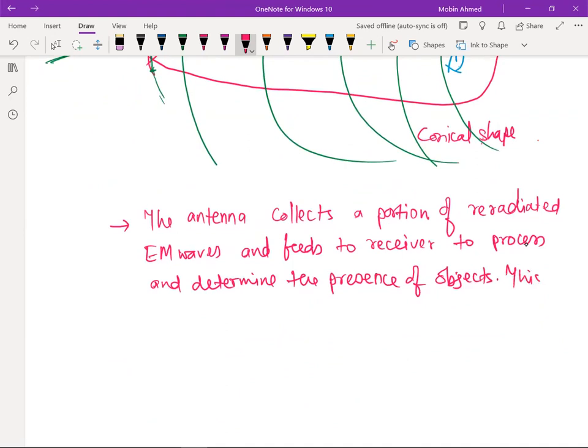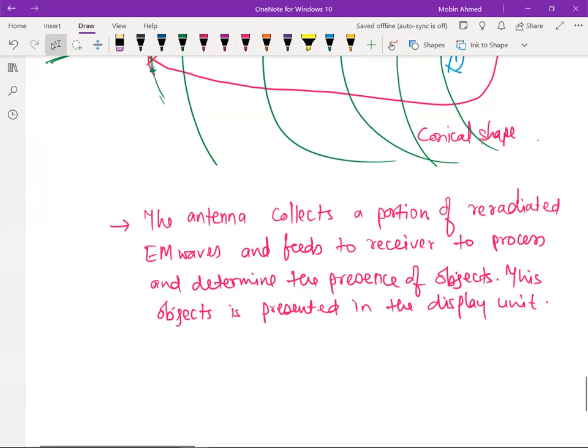These objects is presented in the display unit. Okay, it is presented in the display unit.